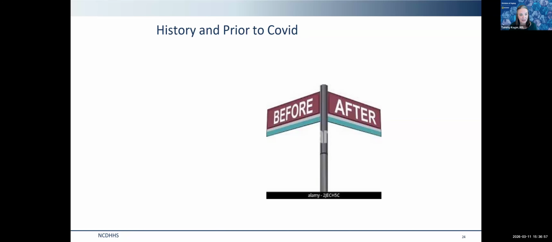The second part of the initial ARPA funds was to do those assessments on individuals across the state, primarily in our rural populations that were very limited on resources. We provided the assessments, we identified the technology needed, and then we quickly learned: who's going to buy any of the products that might be needed? And so that became a challenge.